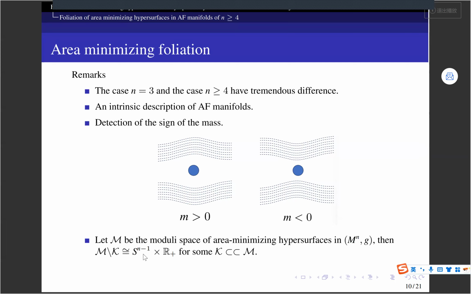Here, the S^{n-1} factor comes from the freedom of the choice of the asymptotic hyperplane that your foliation is asymptotic to, and the half line comes from the parameter of the foliation. So this shows when the minimal surface is sufficiently far, then the structure of its moduli space is well understood.